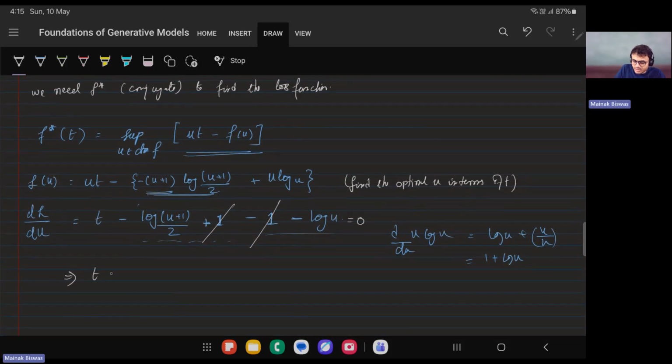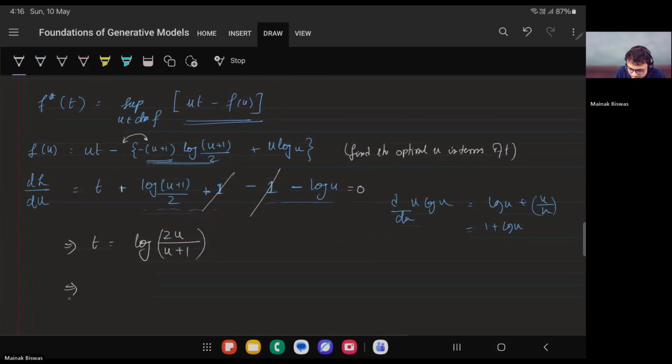So t is now equal to, is it correct? So no, this is plus. This is a minus and minus gets positive, and so this is plus, and then you get t is equal to log of u by u plus 1, by 2. Is this right? I think so. Yeah.